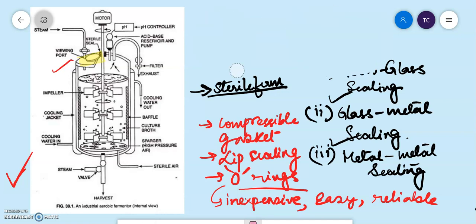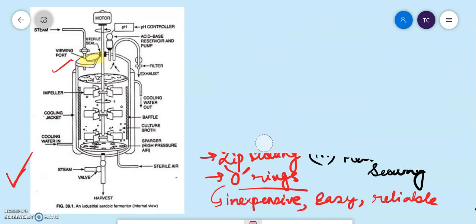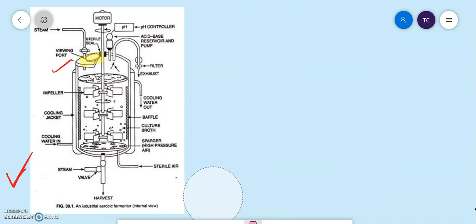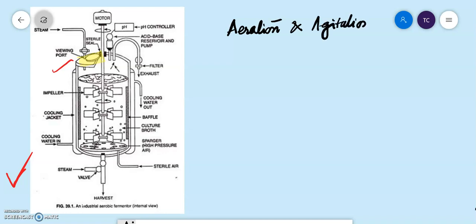Now we will move on to another aspect that is very important. I have talked about your aerobic and anaerobic respiration, and there comes the importance of your aeration and agitation. So I will discuss over here aeration and agitation. First we will go one by one.